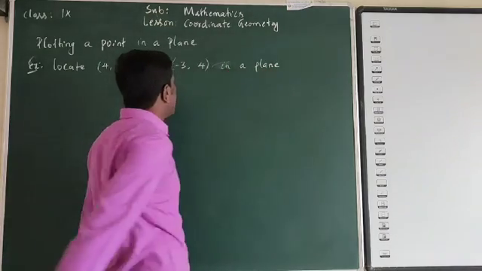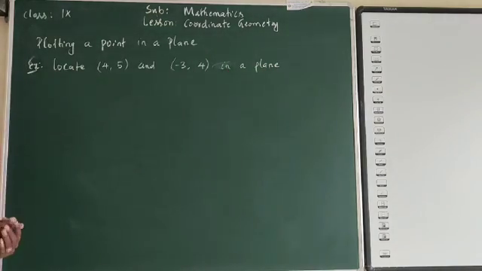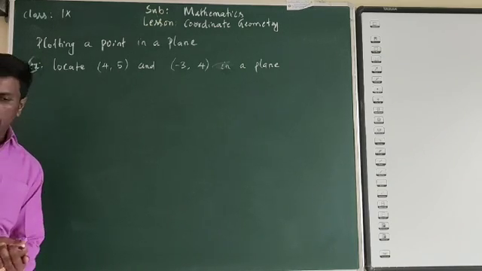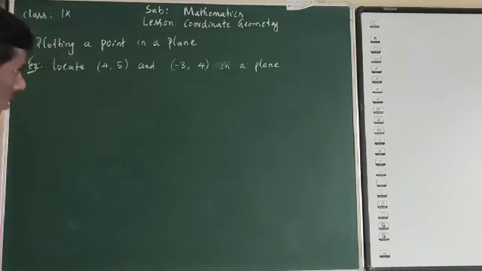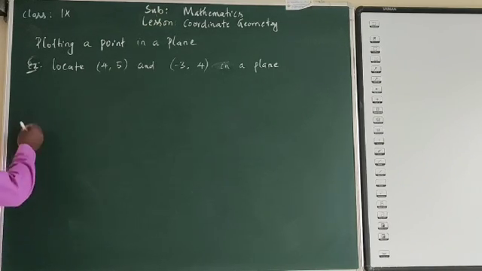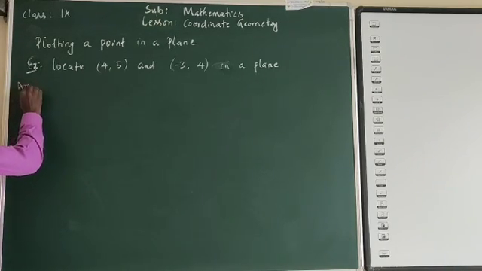So we should locate these points in a plane. Okay. So we should draw the plane for this and we should locate these points. Okay. We will try to locate this.